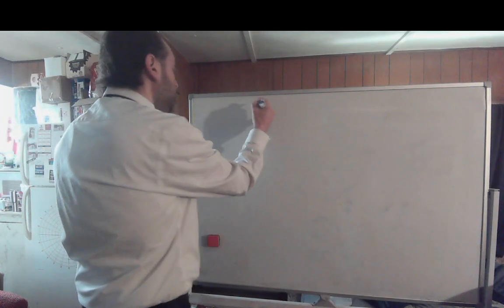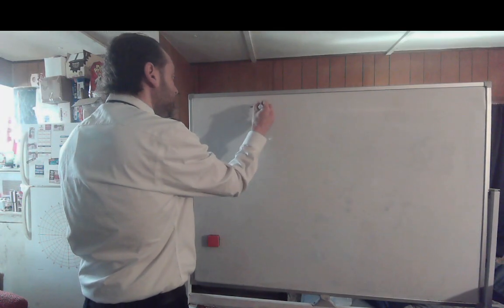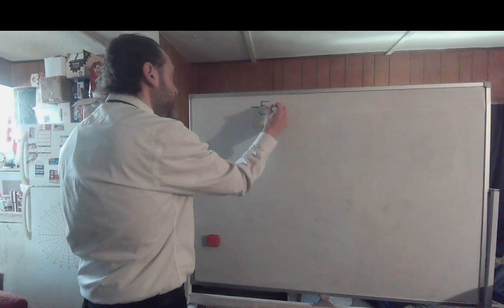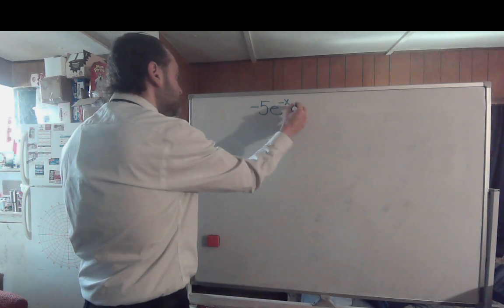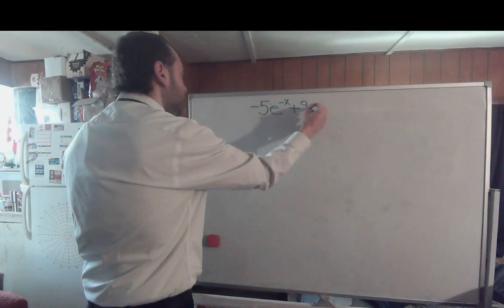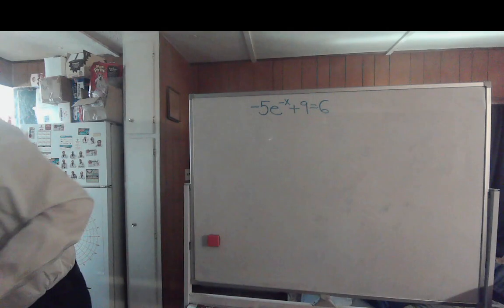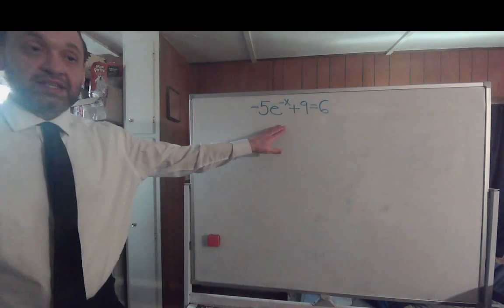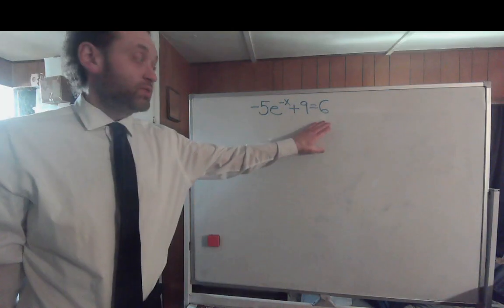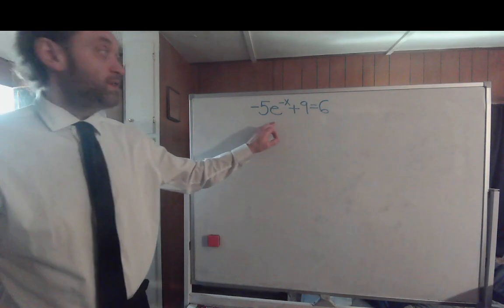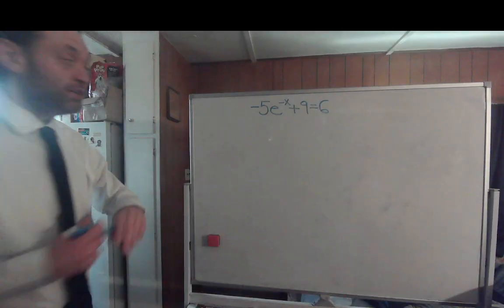All right, we're halfway done. Okay. We've got negative 5 e to the negative x plus 9 equals 6. We need to get that negative 5 e to the negative x by itself first.